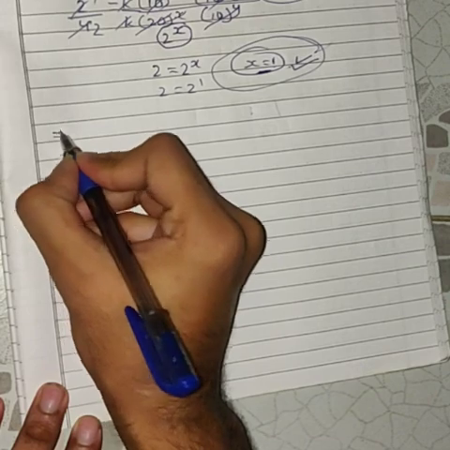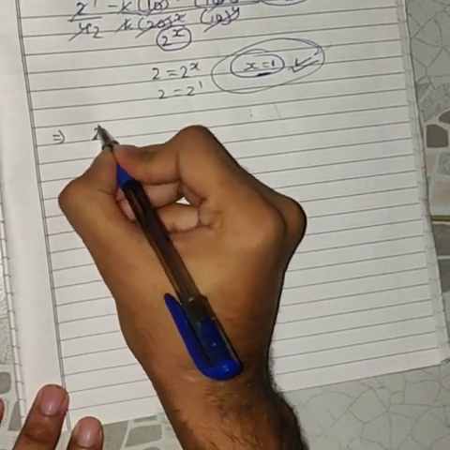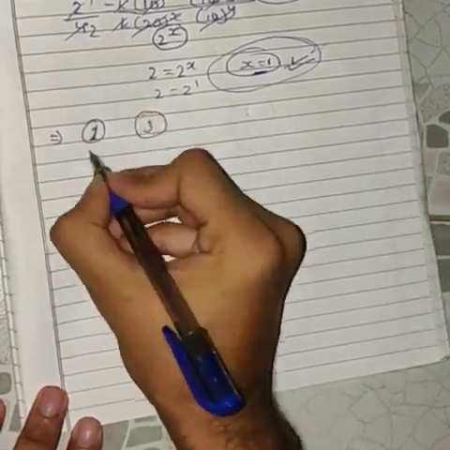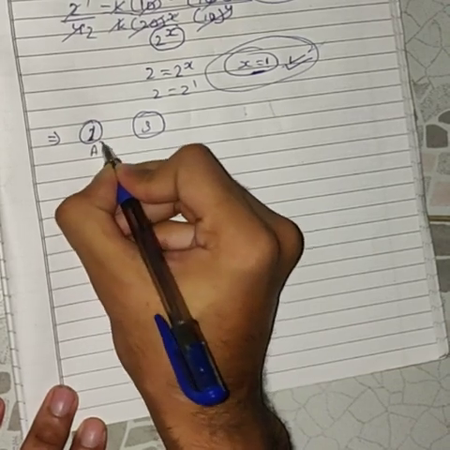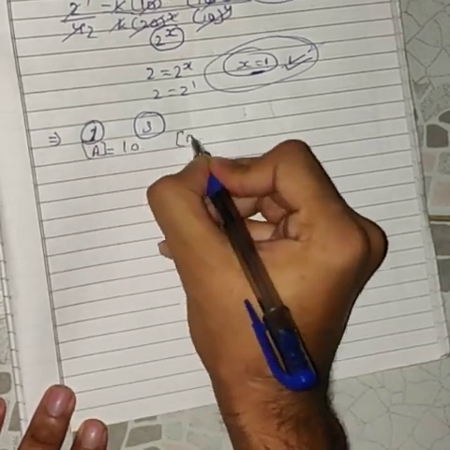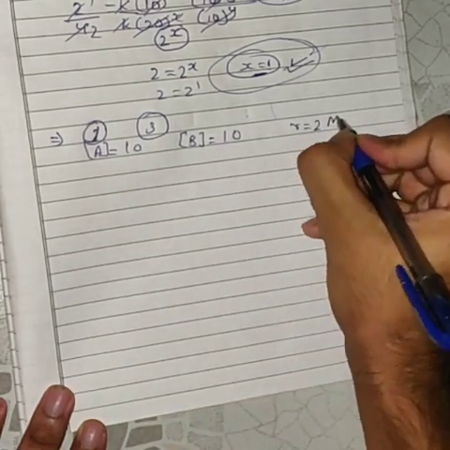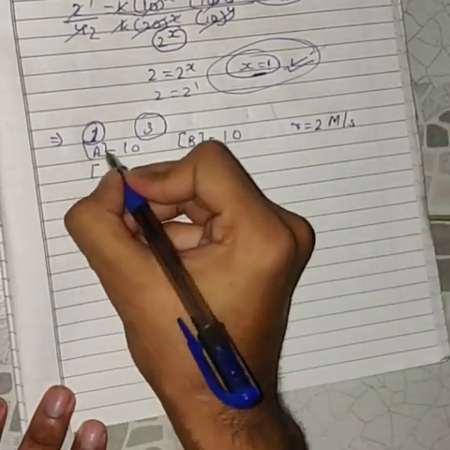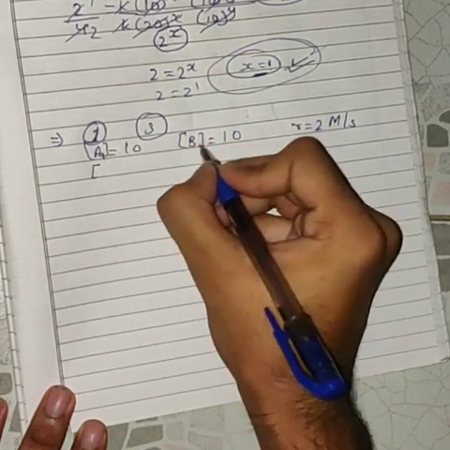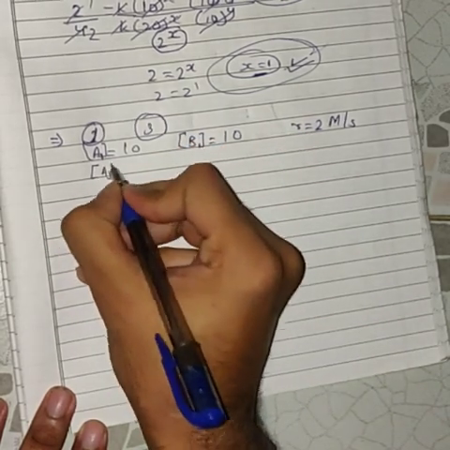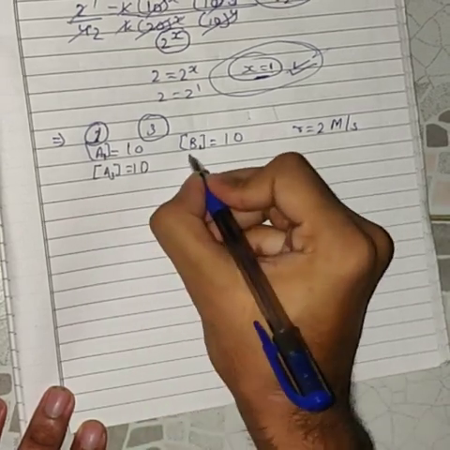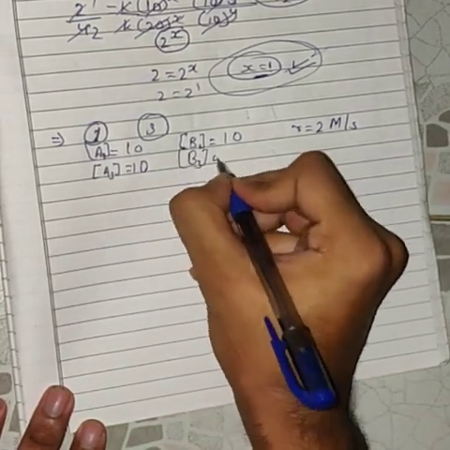Okay, so first condition and third condition. First condition was concentration of A is 10, concentration of B is 10, rate was found to be 2 moles per second. The third condition was, this is A1, B1. The third condition was A3 is equal to 10 moles and B3 is equal to 20 moles.